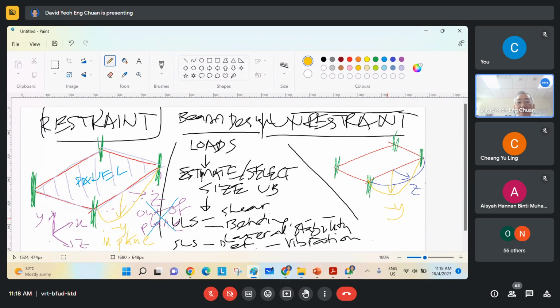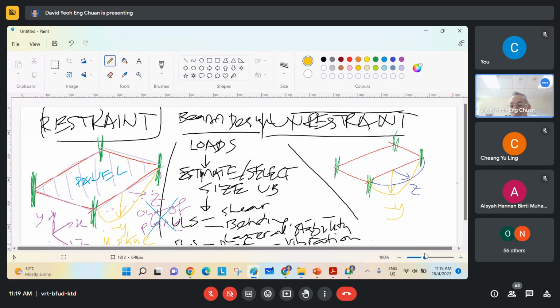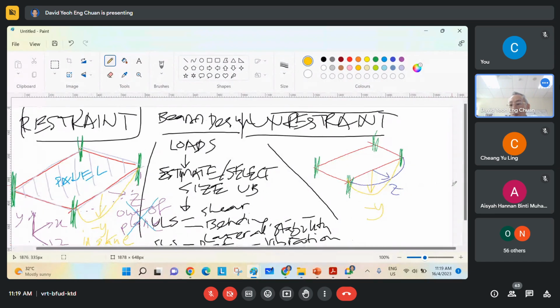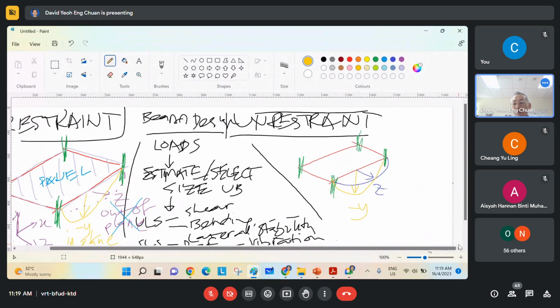So what do you mean by upper part? If I draw, what we have here is the upper flange, and down here, the lower flange.